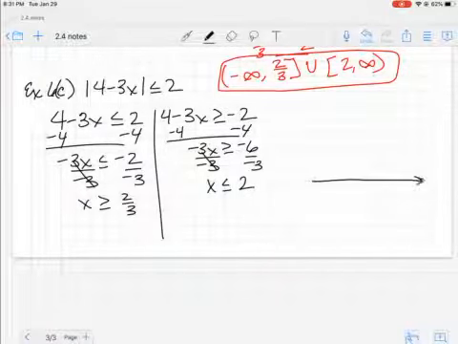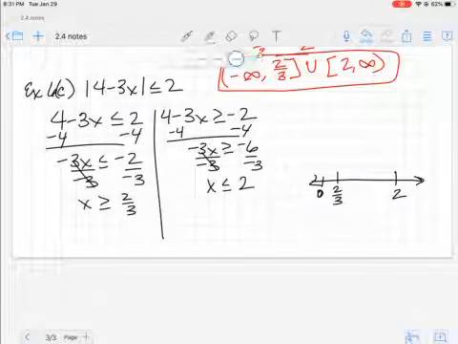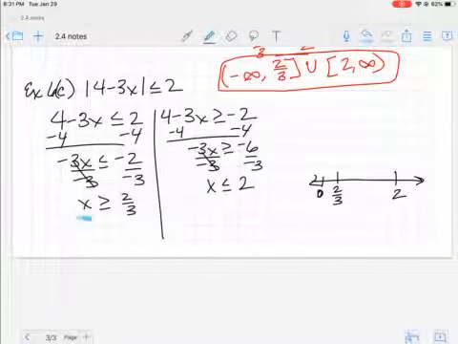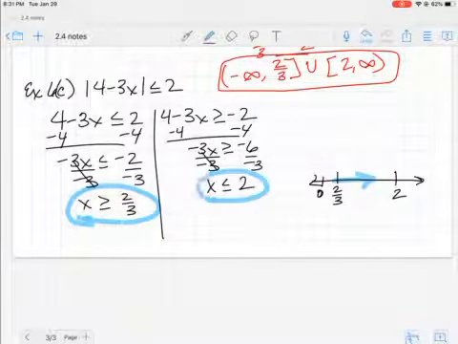Put it on a number line. I've got 2/3 here. Zero is over here somewhere, just as a placeholder. And then I've got a 2 over here. So if I'm saying that x is greater than 2/3, I'm shading to the right from 2/3. x is less than 2, I'm shading to the left.